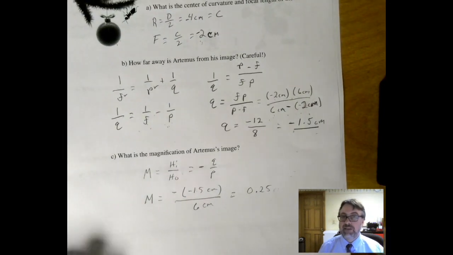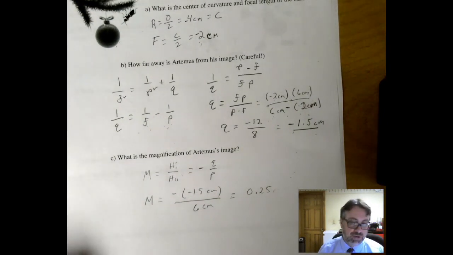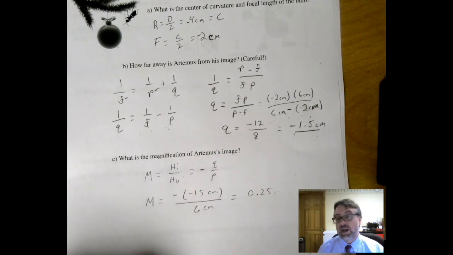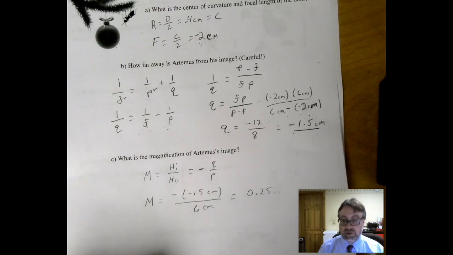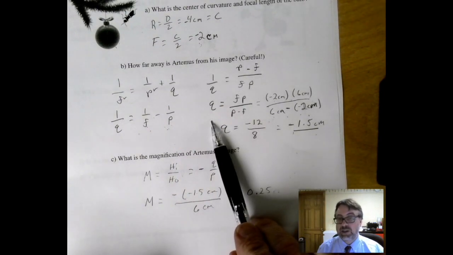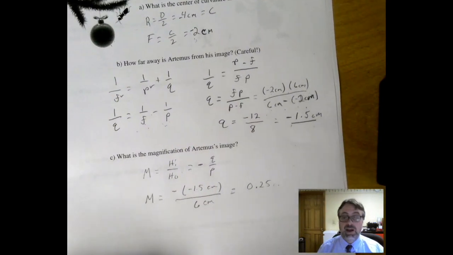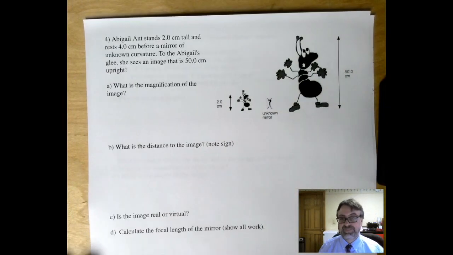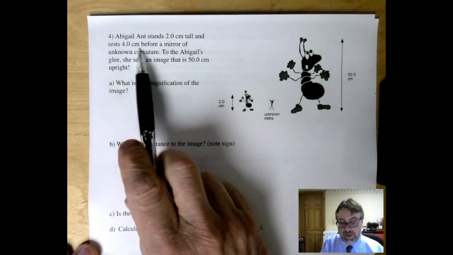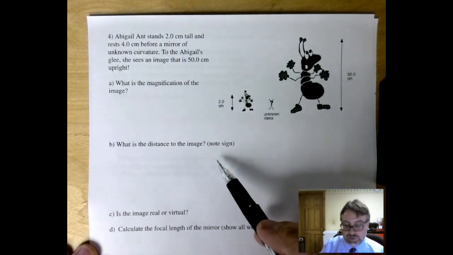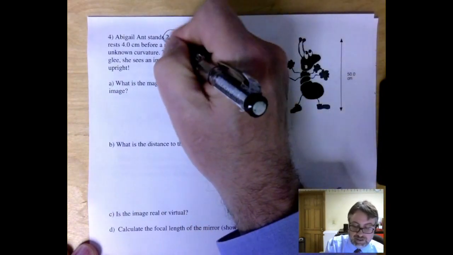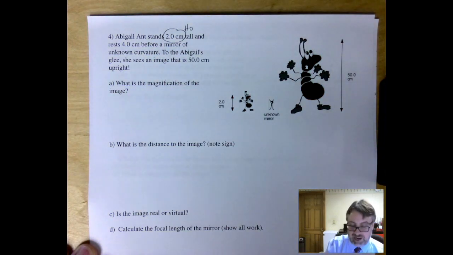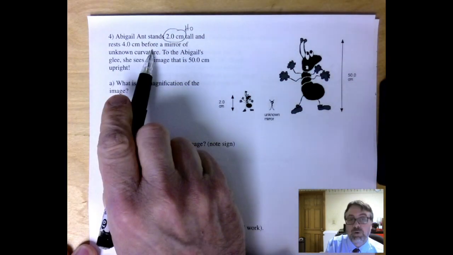Okay. For the last problem, I'll do it with numbers again, so we'll go back and forth. Whatever's more comfortable with you, but either way, you need to be very careful with the algebra or very careful using your calculator. Abigail ant stands 2 centimeters tall, so right there they're giving me the height of my object, and rests 4 centimeters before a mirror.